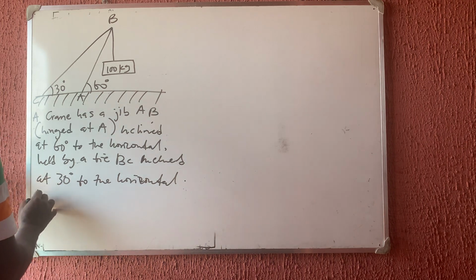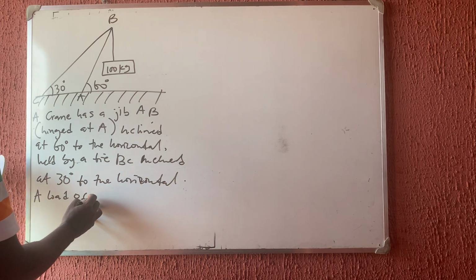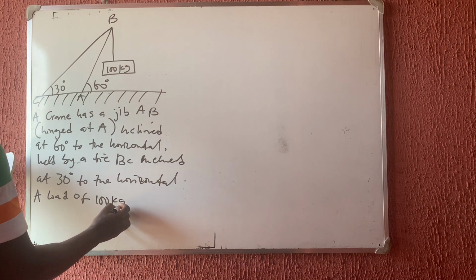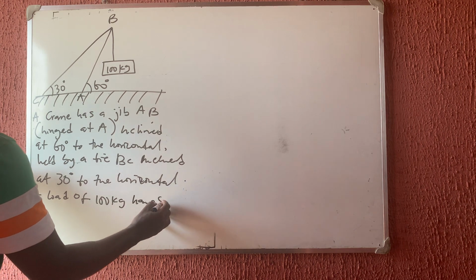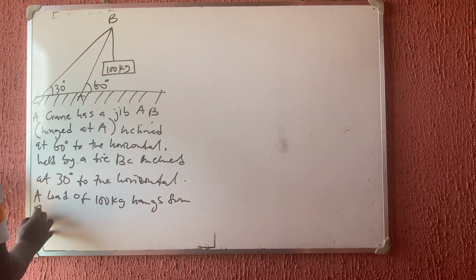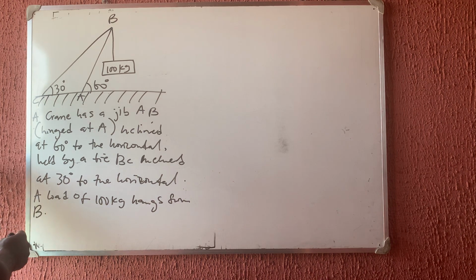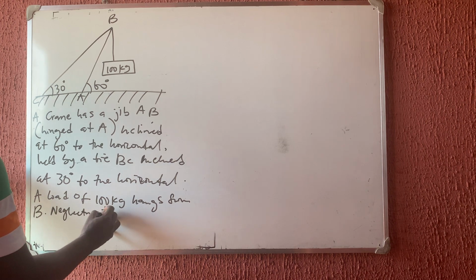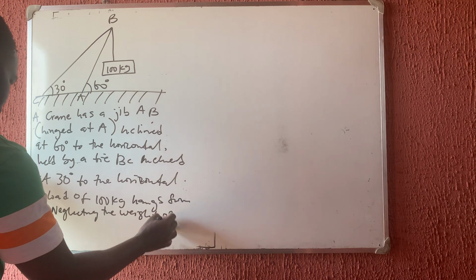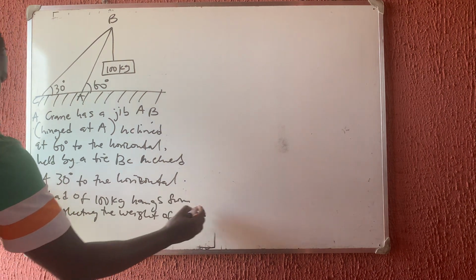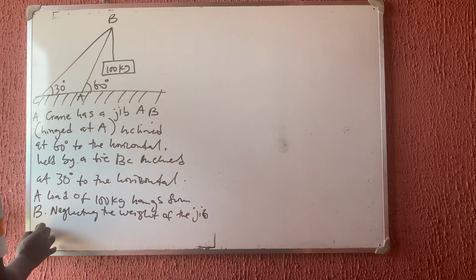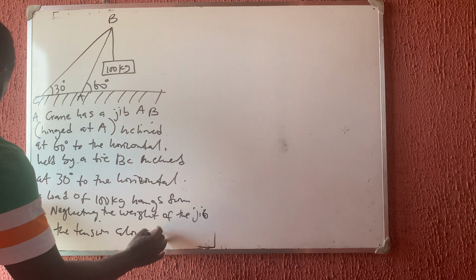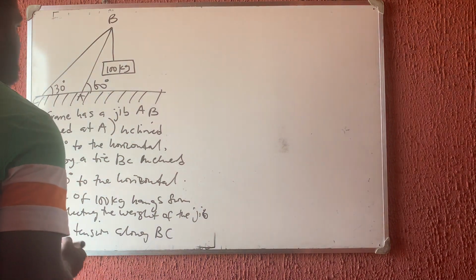Okay, then I say that a load of 100 kg hangs from B. Then I say, neglecting the weight of the jib, calculate the tension along BC. Okay, so this is very, very simple.